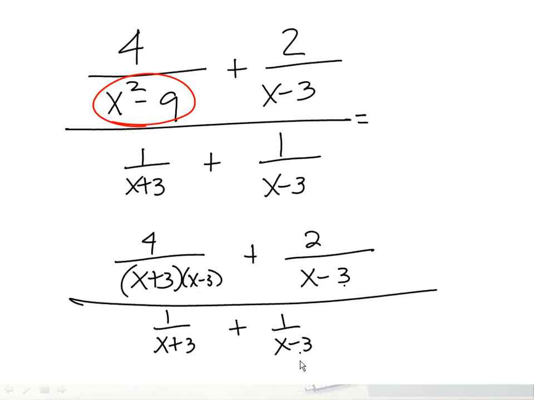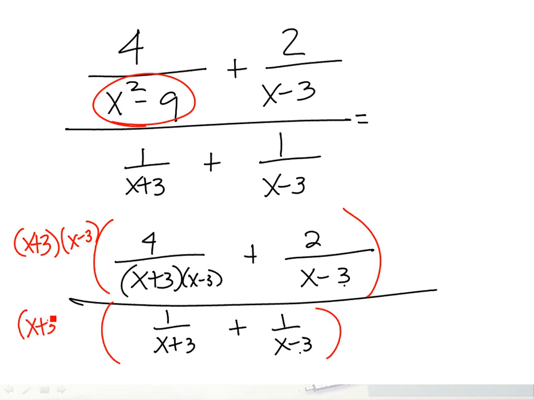So let's proceed and multiply the top by the LCD, which is x plus 3 times x minus 3, and the denominator by x plus 3 times x minus 3. Okay, what happens once you do that?